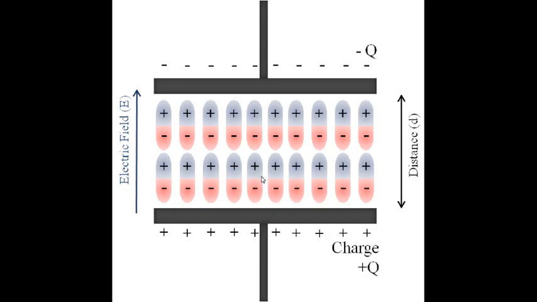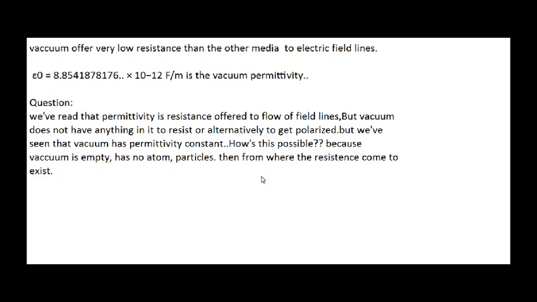But there is a question. If we place a dielectric medium between two charges, the atoms of that medium become polarized. But we already know that vacuum also has a permittivity value.